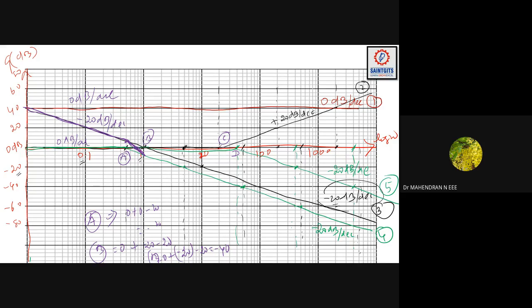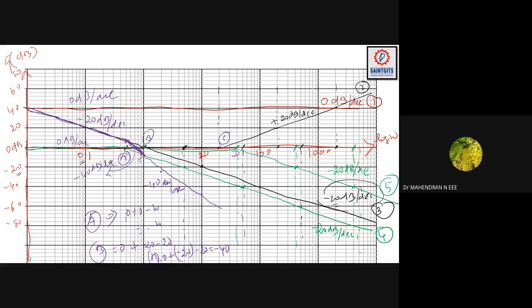So from here 4, 8, 12, 16, 20. During the next 40, it will be 4, 8, 12. So it will be like this, and this is minus 40 dB per decade, and this is also minus 40 dB per decade.